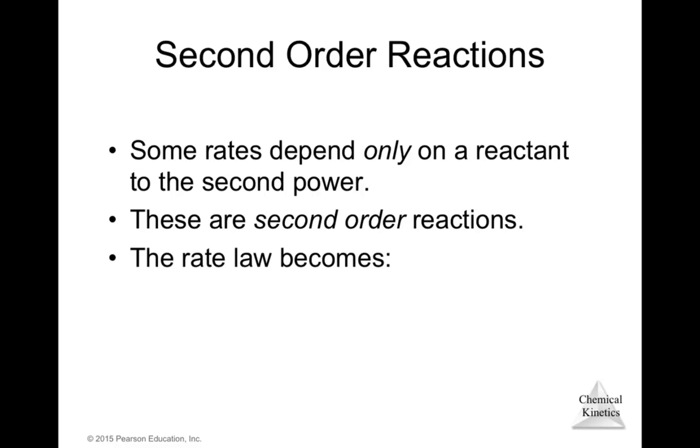The rate law becomes something like this. This is the simple expression when we just have one reactant involved in the rate: the rate is equal to the rate constant times the concentration to the power of 2. This makes the whole reaction a second order reaction.